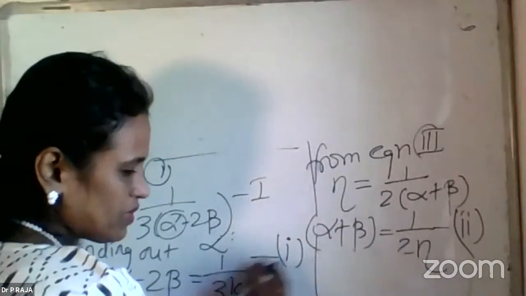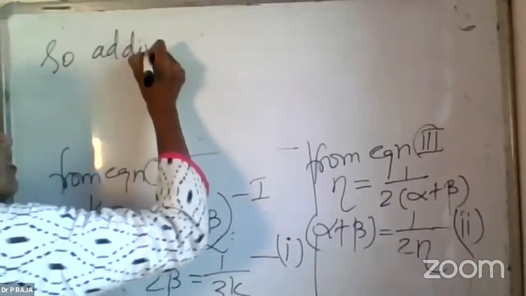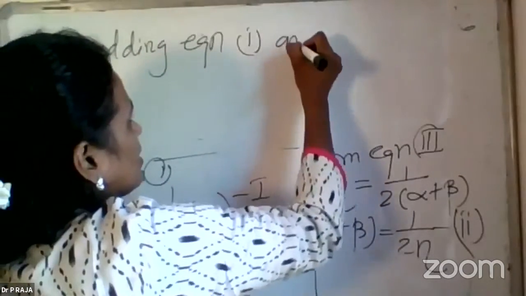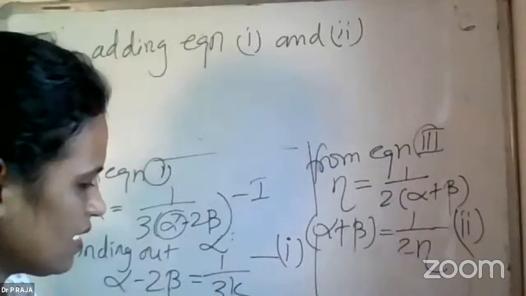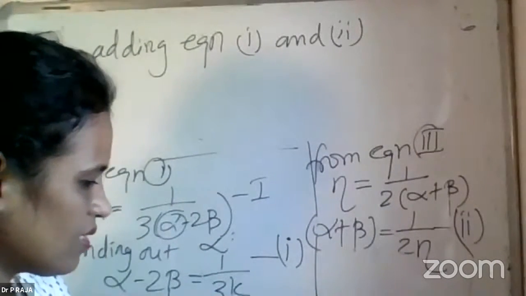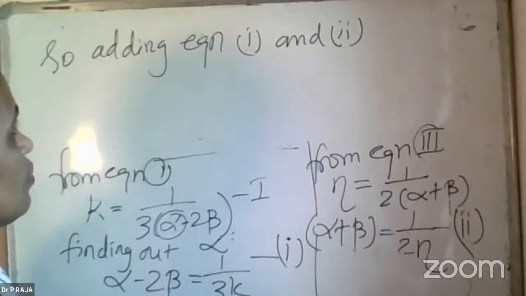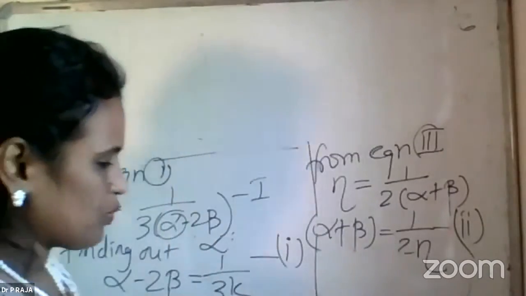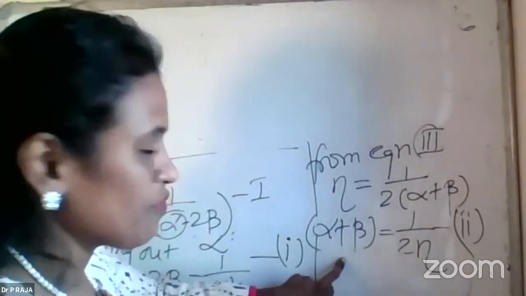Now add up these two equations, equation 1 and 2. But not adding first: you need to multiply equation 2 by a factor of 2.